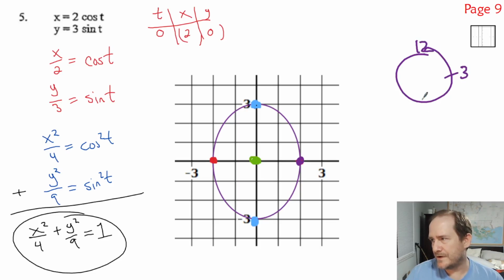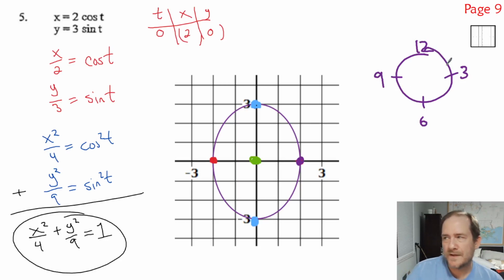But we could definitely start at 12 or 6 or 9. And of course we could start anywhere else in the middle, but that would be a little weirder. We're typically going to start north, south, east, or west. And all of these keep starting east, but we won't always do that.